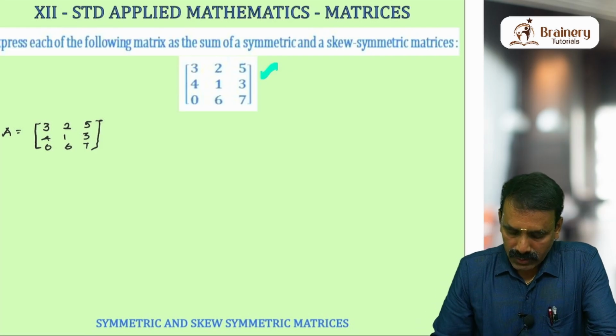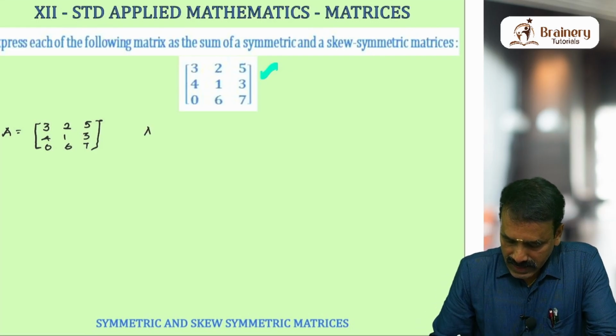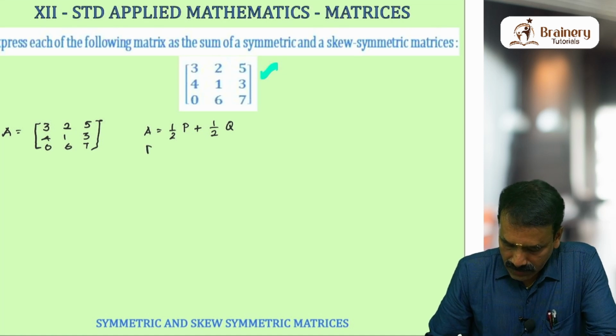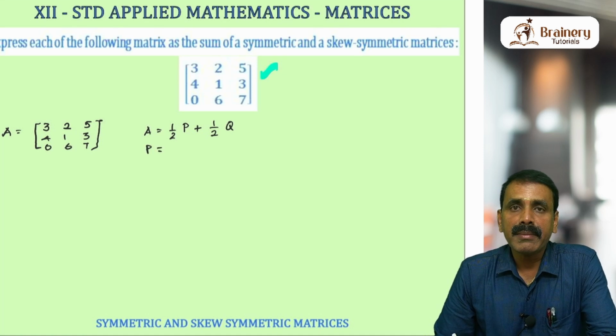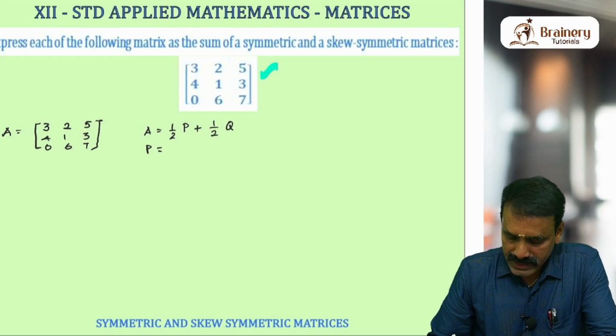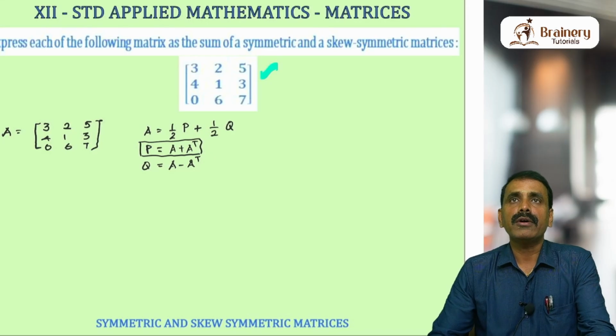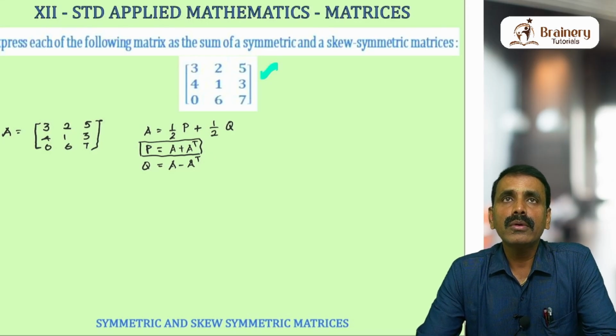We are supposed to write A is equal to 1 by 2 times P plus 1 by 2 times Q, where P is the symmetric matrix. How to find that? A plus A transpose. How to find Q? Q is obtained by finding A minus A transpose, and then you substitute in the formula.